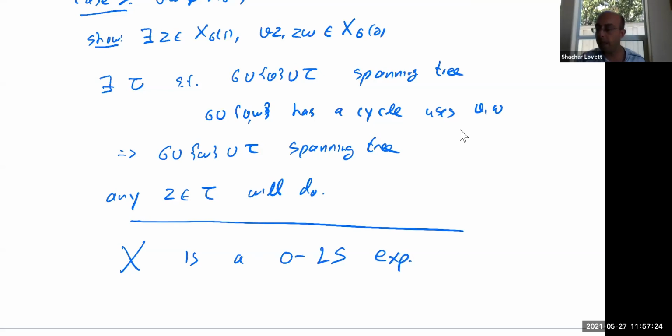Okay. And now the last piece of the puzzle that we need is the following theorem. We'll start proving today, we'll finish next time.